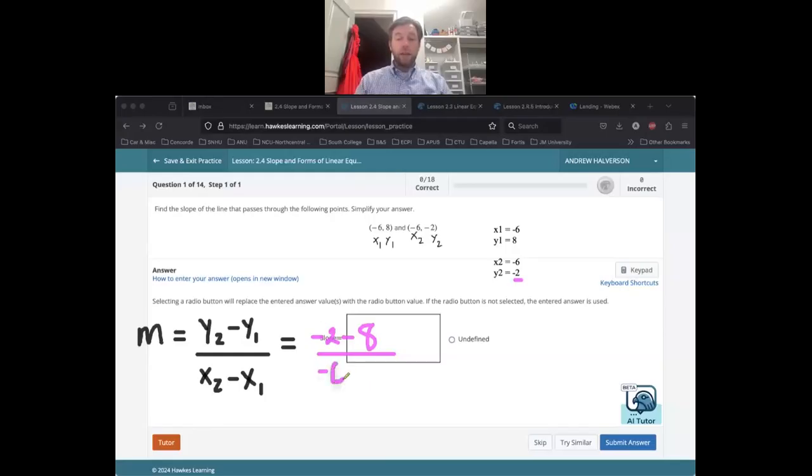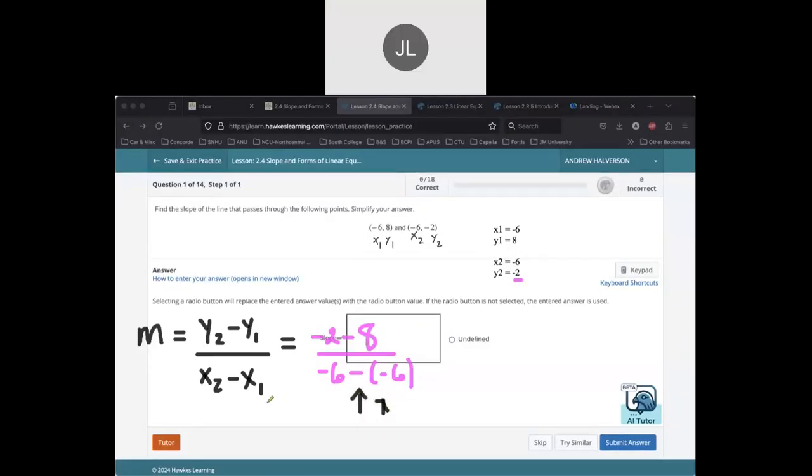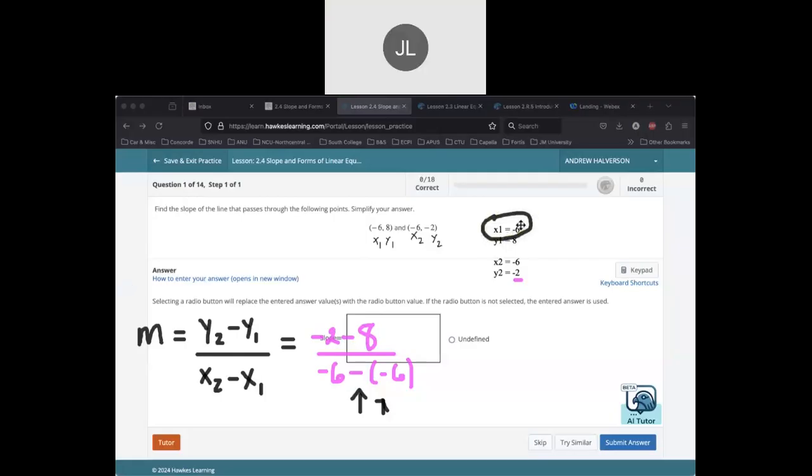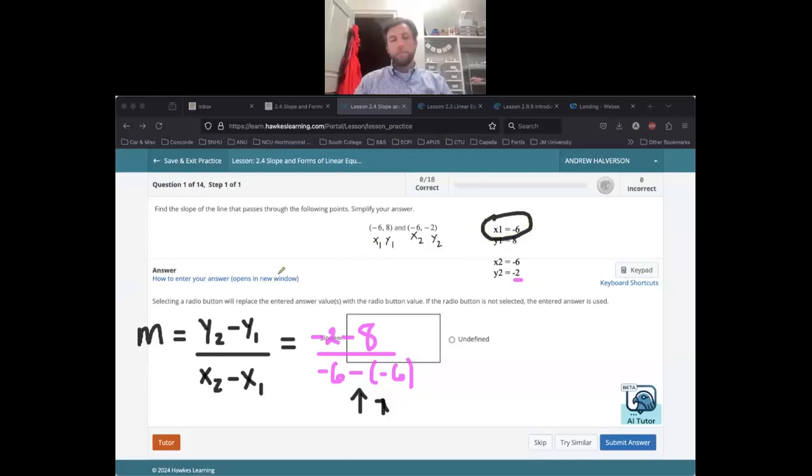So x2 is -6 minus x1, which is also -6. So notice there are two minus signs. Why? Because the middle minus sign comes from the formula x2 minus x1, and the second minus sign comes from the fact that we have defined x1 to be a negative value.